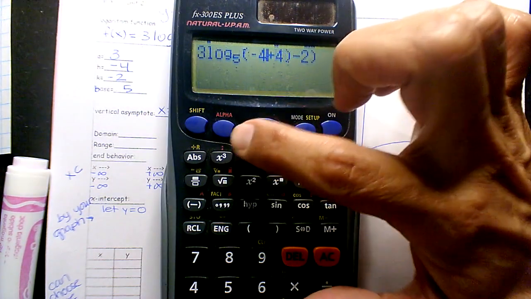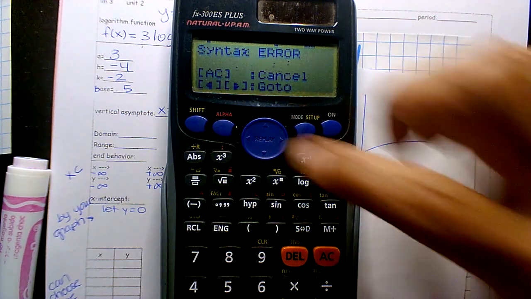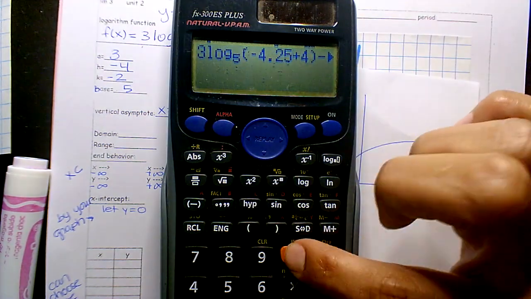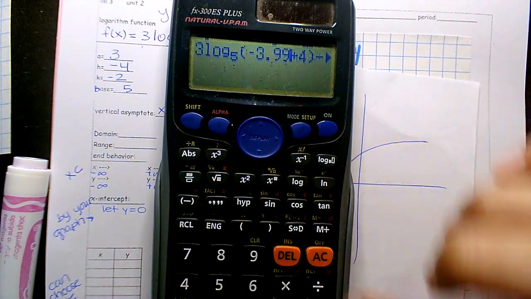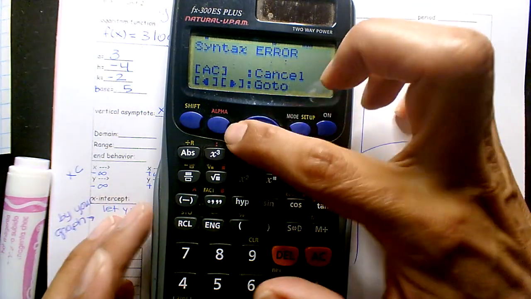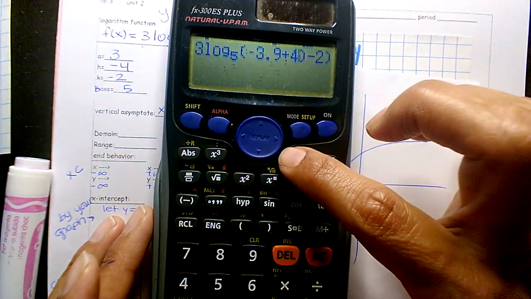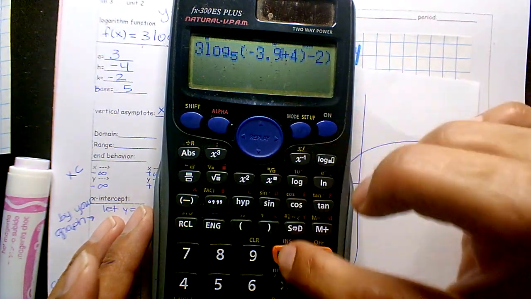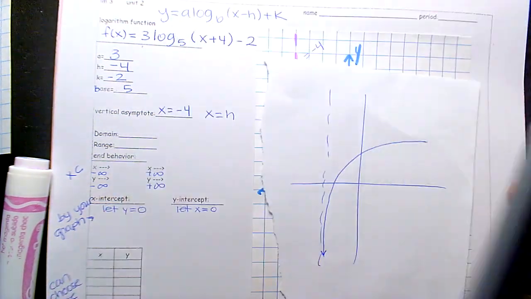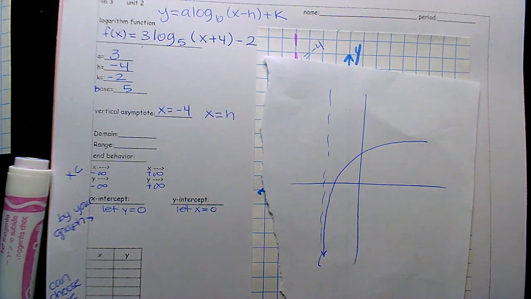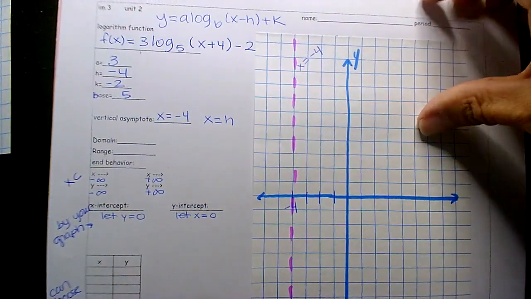But if I was to plug in 3.99, oh, it didn't like that. Why is it not liking it? All right, we'll see. Okay, we'll get to domain and range. We'll come back to it.